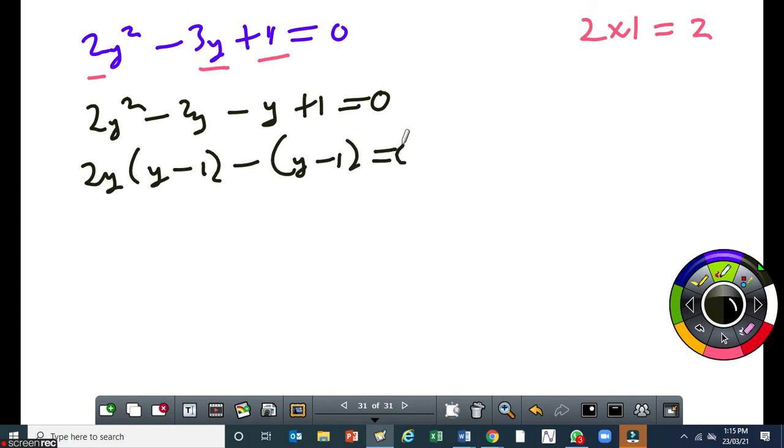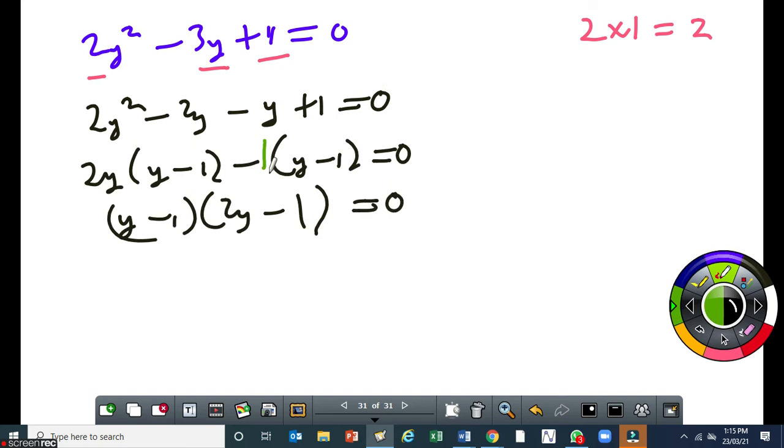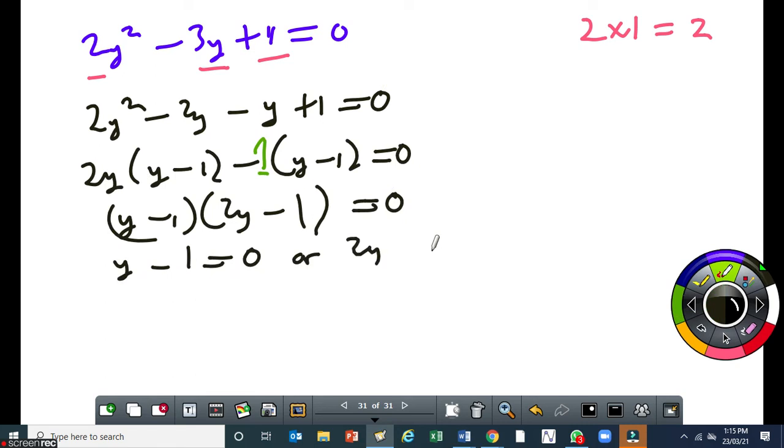Then we end up having (2y minus 1)(y minus 1) equal to 0. Remember, here it will seem like there is a 1 here, so that's how I got that. Then we equate each binomial to 0, and then we get y equal to 1 or y equal to a half.